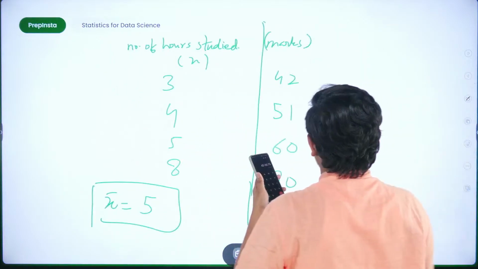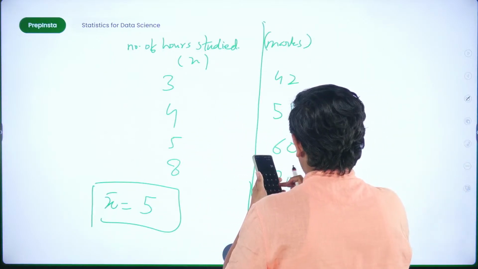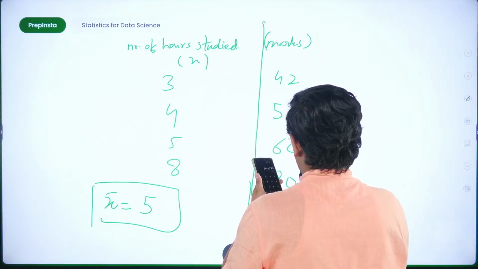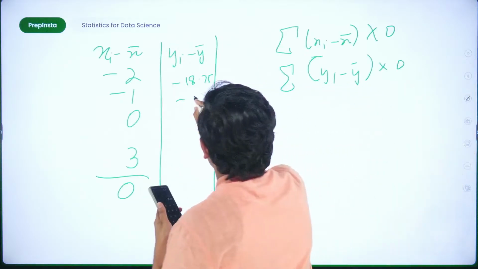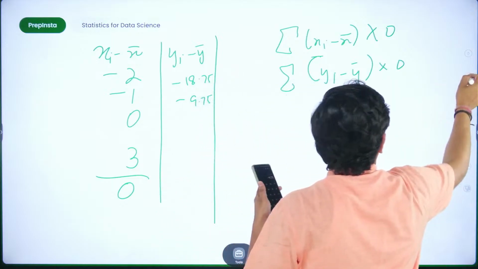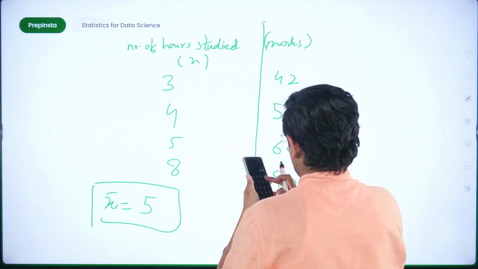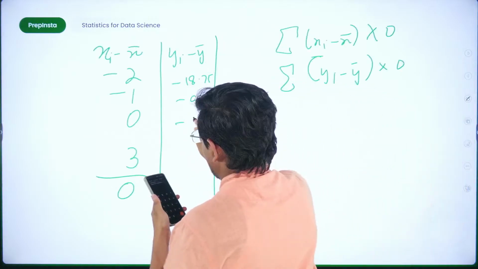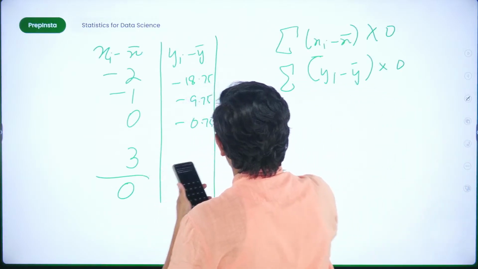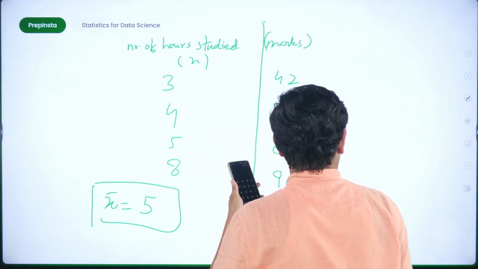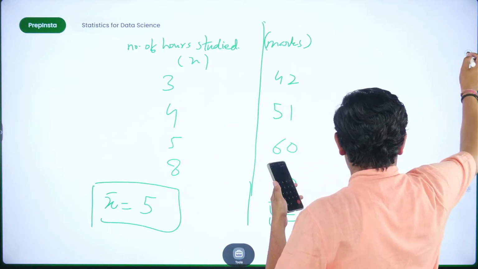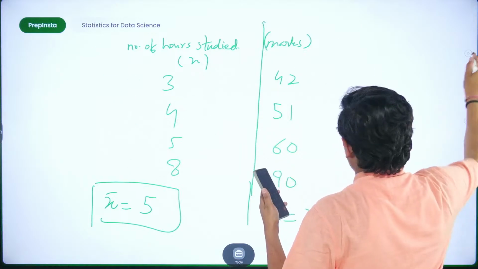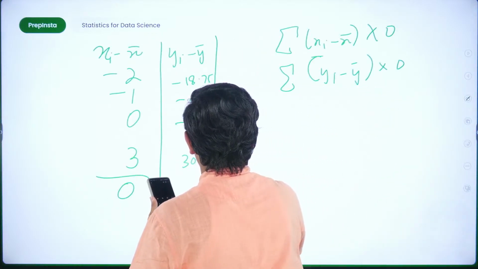And then 51 minus 60.75 becomes minus 9.75. And then you have 60 at your disposal, where you have minus 0.75. And then you have 90, where basically you will have 30.75.